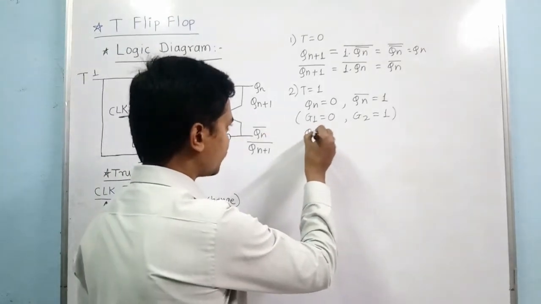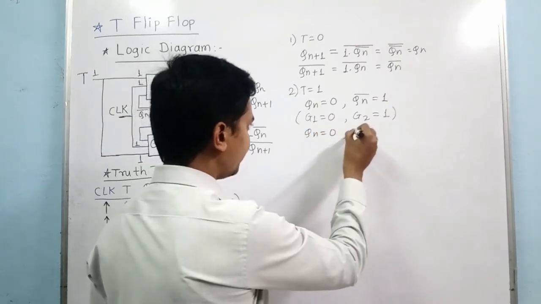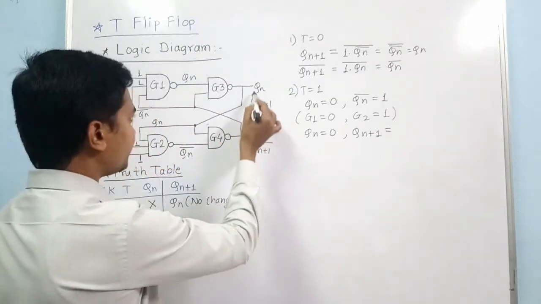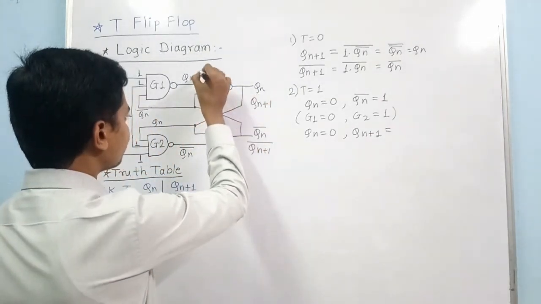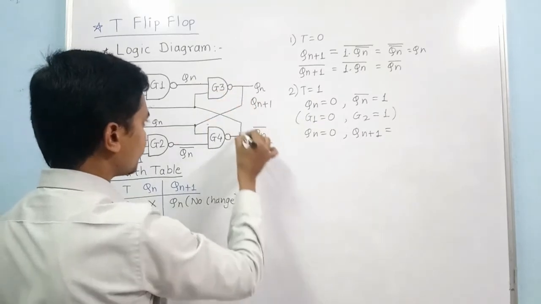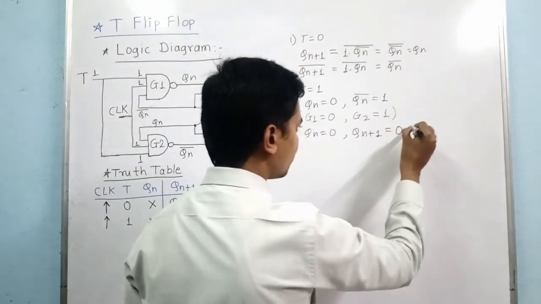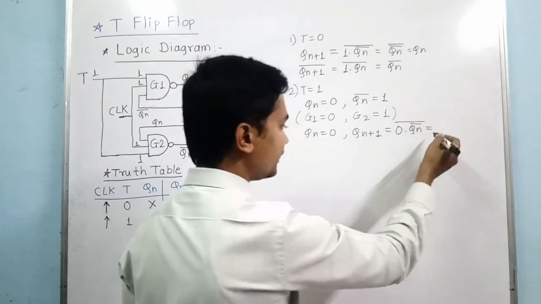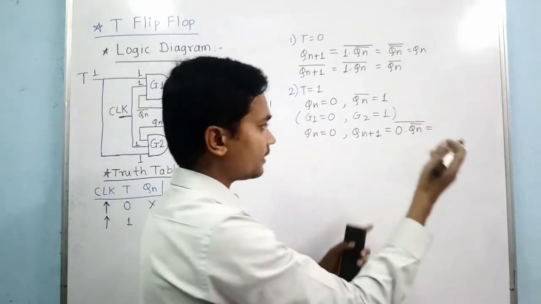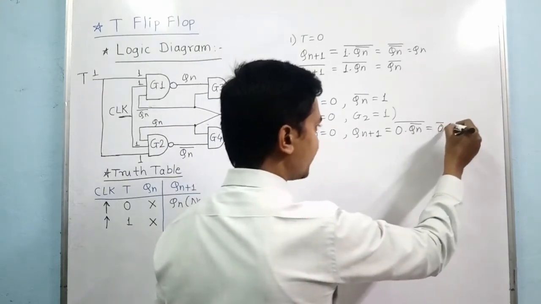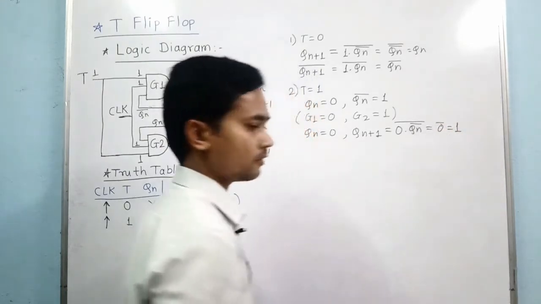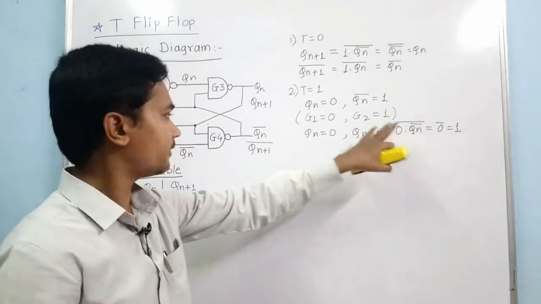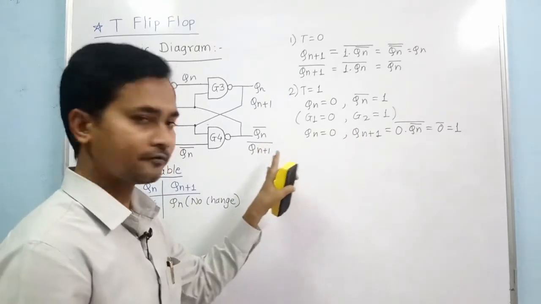Qn plus 1 will be 0 dot Qn bar, whole bar, is equal to what? 0 dot anything is 0, so 0 bar is equal to 1. So here we have got the hard coded value, so no need to find out the Qn plus 1 whole bar.